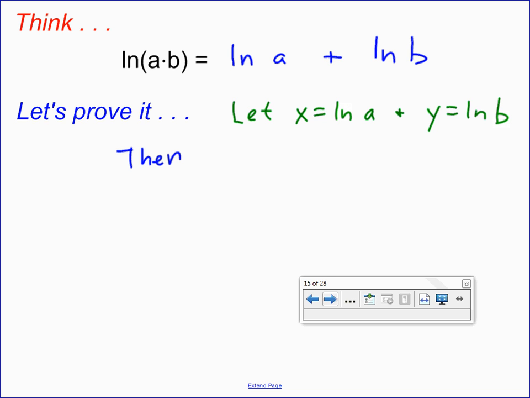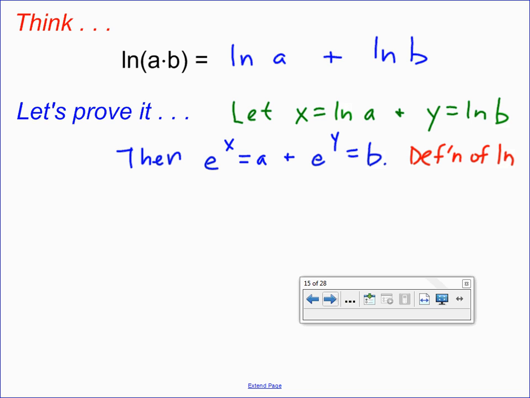So e to the x equals a, and e to the y equals b. Why is that true? Well, that's our definition of natural log. So that's true from the definition of ln. The pre-calculus definition of ln, I should say. A little joke about day one.